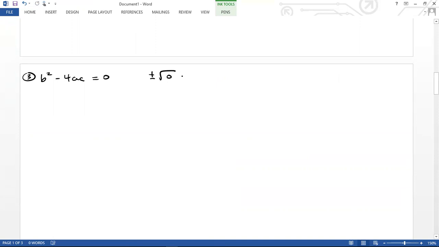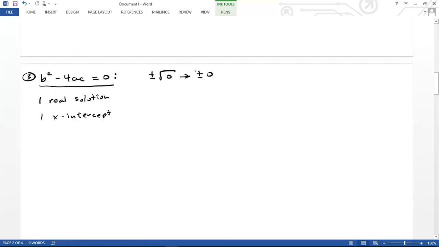The square root of 0 is just 0, so that's just plus or minus 0. Plus 0 and minus 0 doesn't change anything. So in this case, you only get one solution because you're not getting any extras. So it's one real solution and one x-intercept.